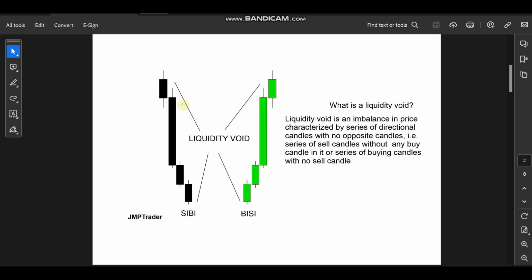In trading, price has to maintain market efficiency. So any imbalance in price has to be rebalanced to maintain efficiency. So this particular second candle creates a huge imbalance.